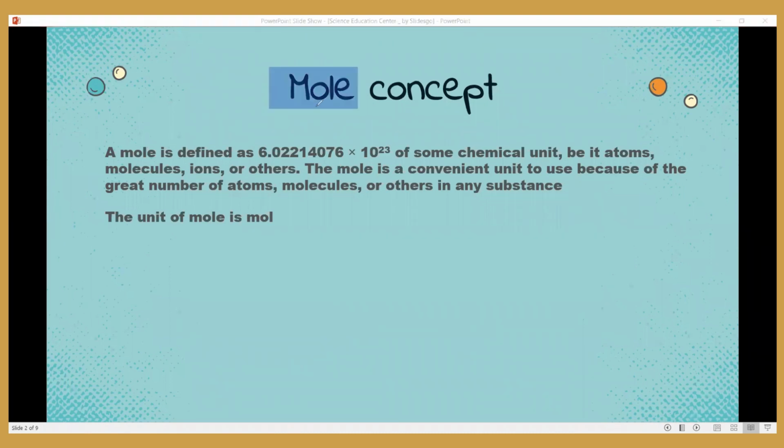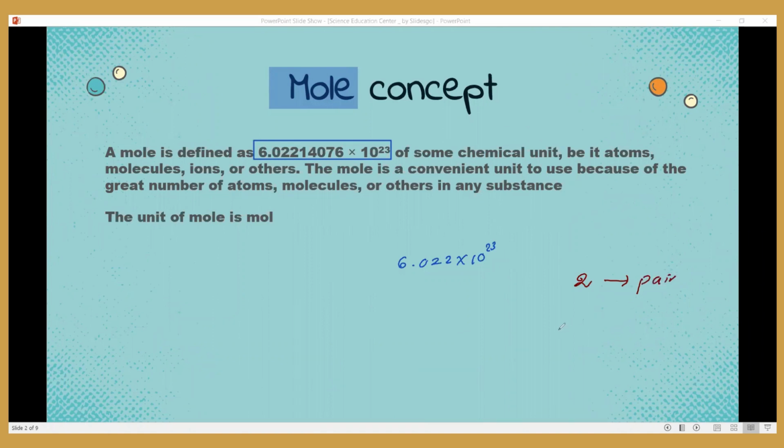A mole is defined when we have some chemical units equal to the number 6.022 × 10^23 by amount. That is called 1 mole. For example, when we have 2 of something, we say it's a pair.